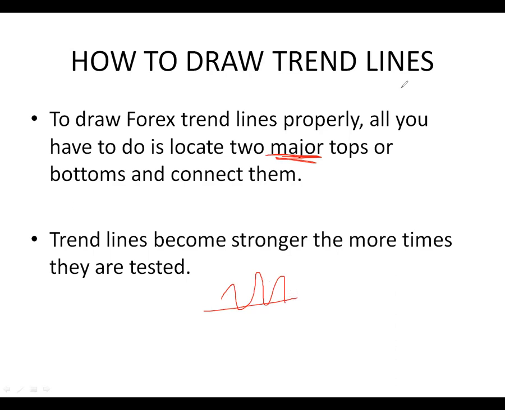We will soon look at all this, so let's not worry. Let's continue from where we are. Now, let's do some examples. How do we draw a trend line? Per the explanation so far, you draw a trend line by connecting two major tops or bottoms. Is that okay?